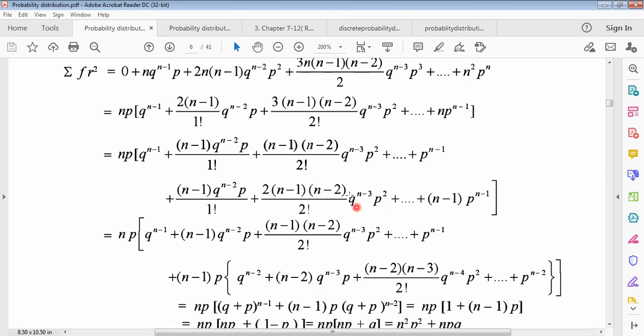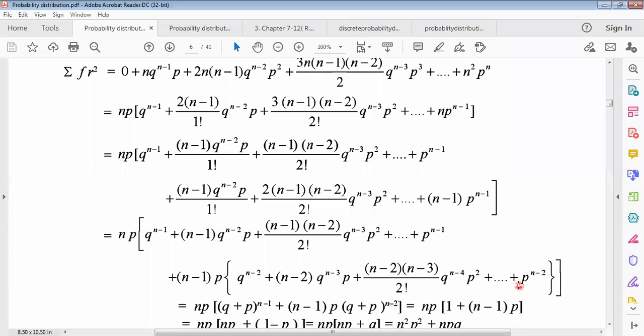Similarly, for the third term, we get n minus 2 n minus 3 over 2 factorial q to the power n minus 4 p square, plus up to the last term, which will be p to the power n minus 2, because we are taking one p common, and n minus 1 also common and another p common. This is why this power will become n minus 2, because we are taking one p common.